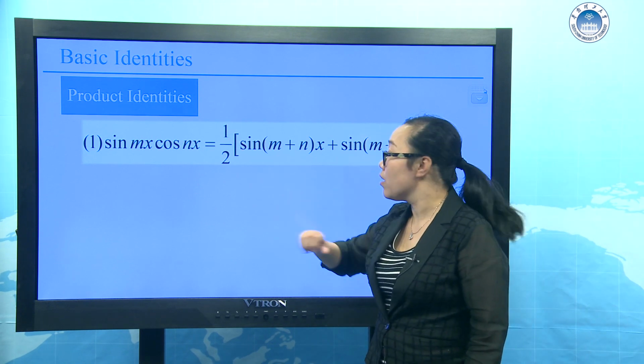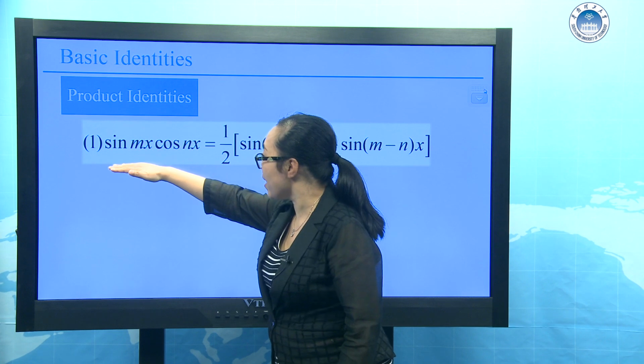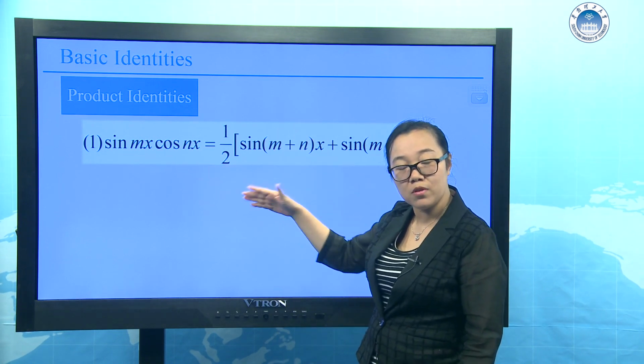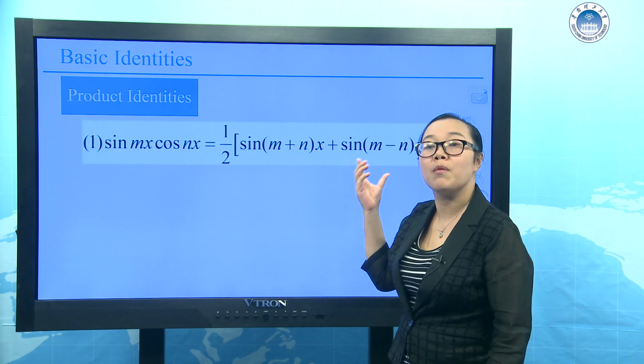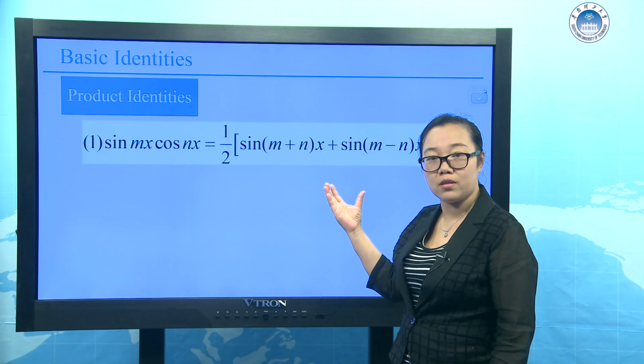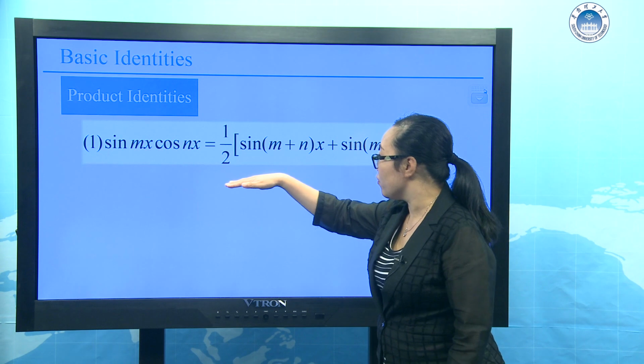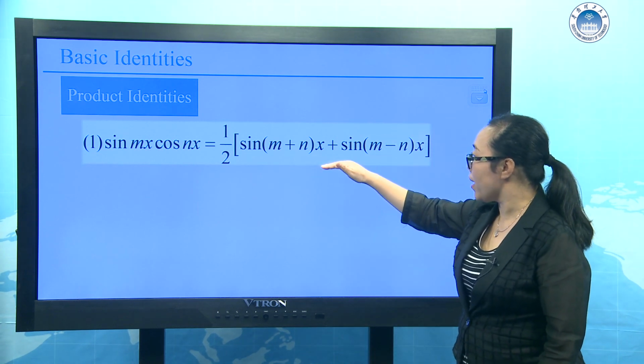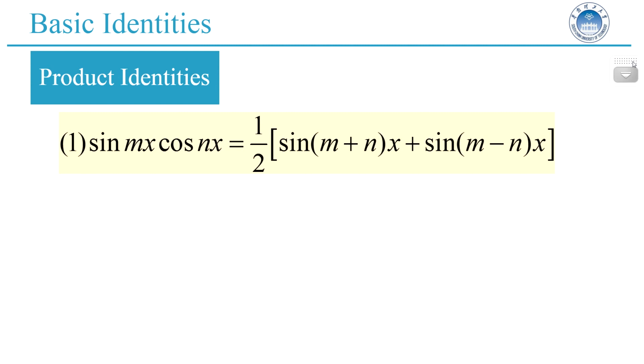The first, the product of sin mx times cosine nx becomes the summation of some of the same functions, equals half bracket sin (m plus n)x plus sin (m minus n)x.